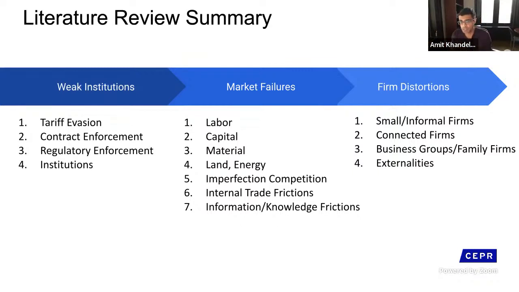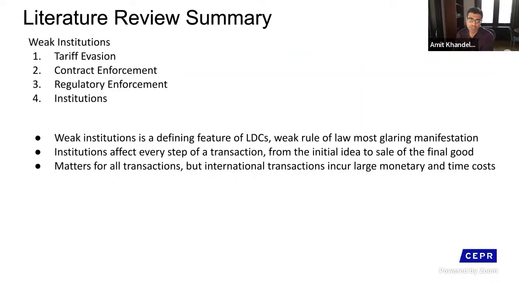And these may interact with trade in ways that standard models just don't think carefully about, and there may be additional externalities associated with it. And so the idea in the survey is to take the set of papers largely written over the past 10-15 years or so, and try to group them into these distortions that they're speaking to when thinking about the impacts of trade. Okay, so let's turn to weak institutions.